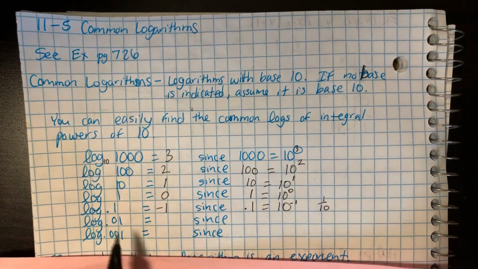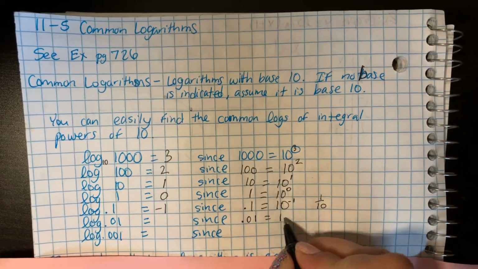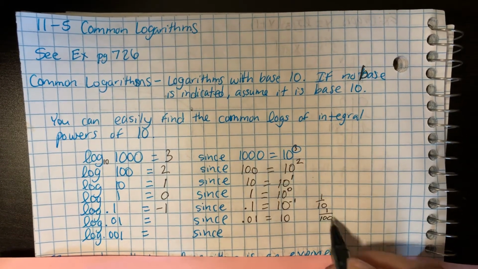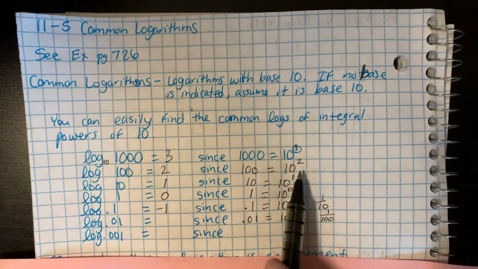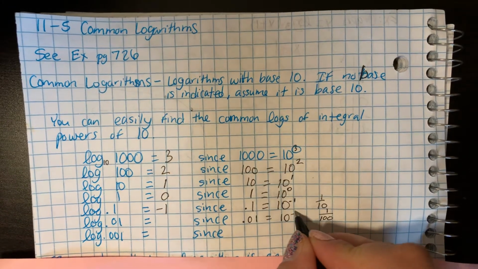Log of 0.01 equals 10 to the, well, it's 1 over 100. We knew that 100 is squared. To make it on the bottom, we need a negative, so a negative 2.